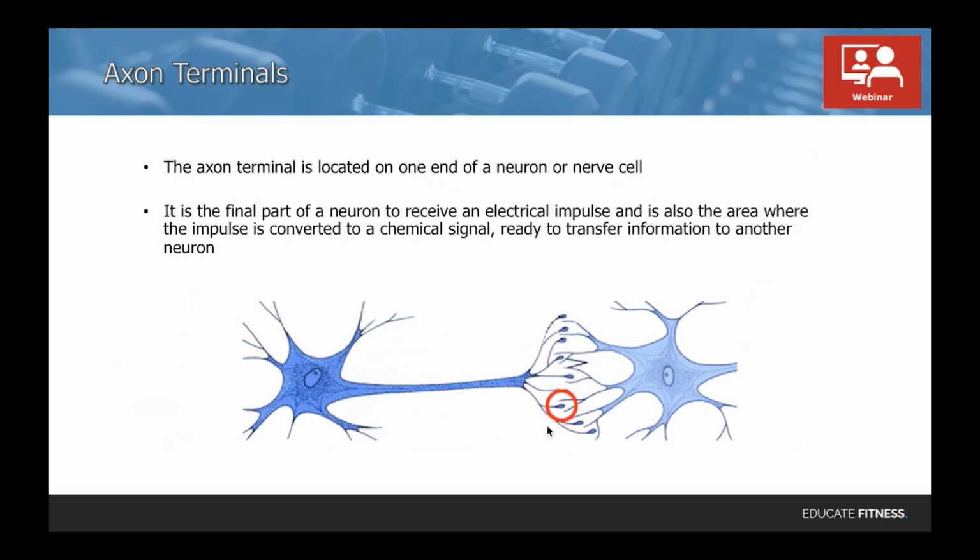So it's at the end of the neuron. It's the final part of the neuron to receive an electrical impulse. And it's also the area where the impulse is converted to a chemical signal. The chemical signal is called a neurotransmitter, and this is ready to transfer information to another neuron.